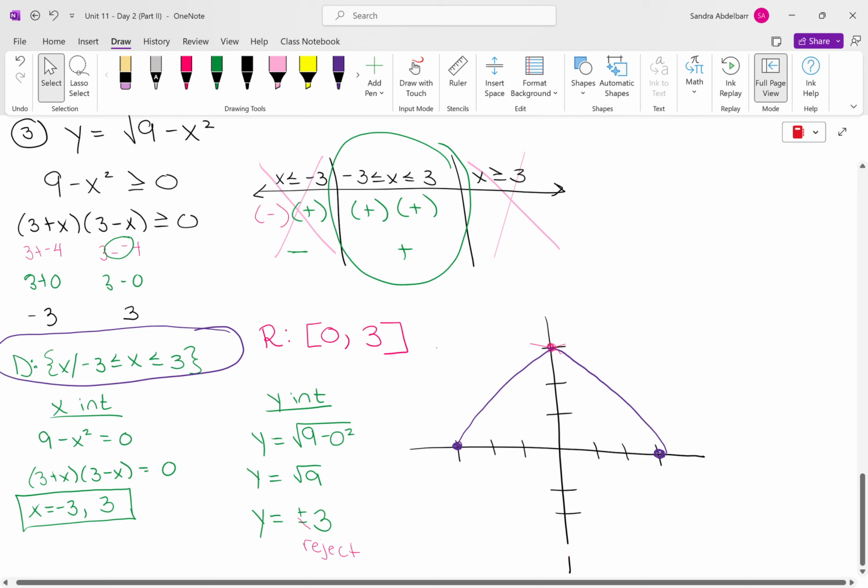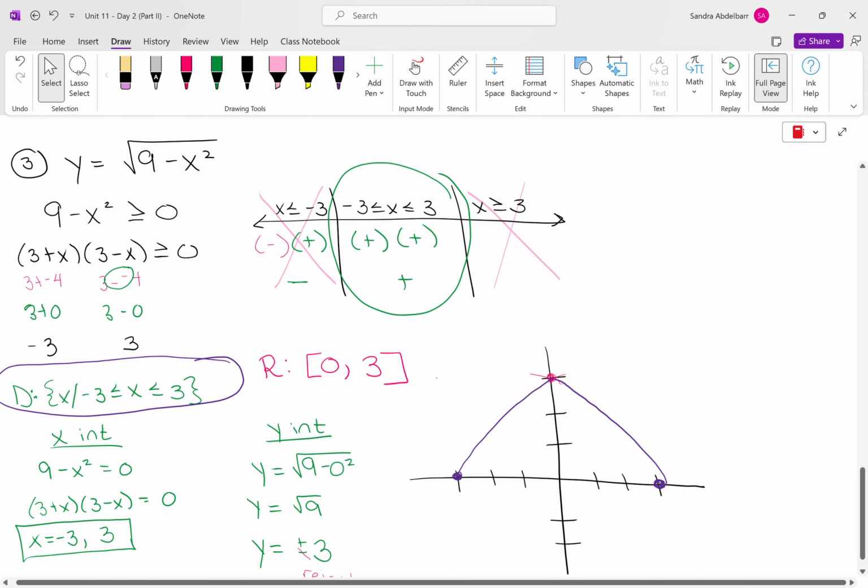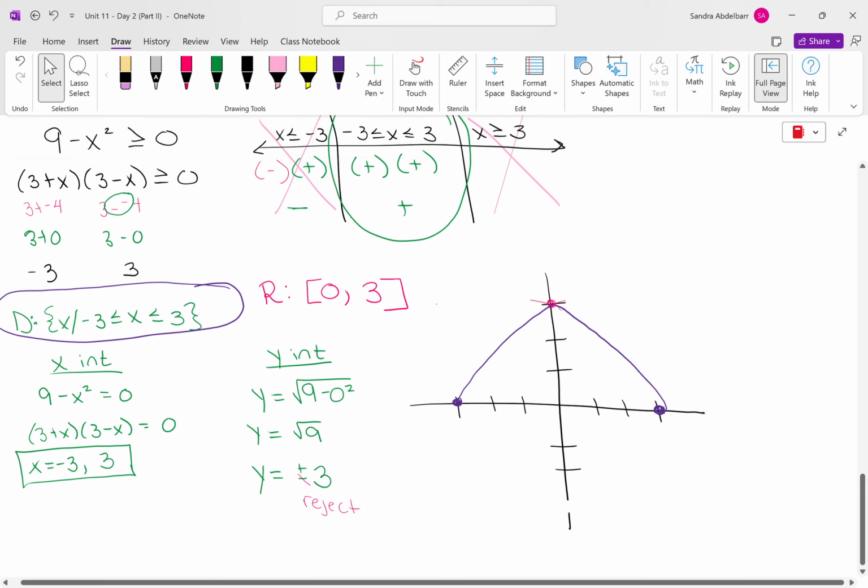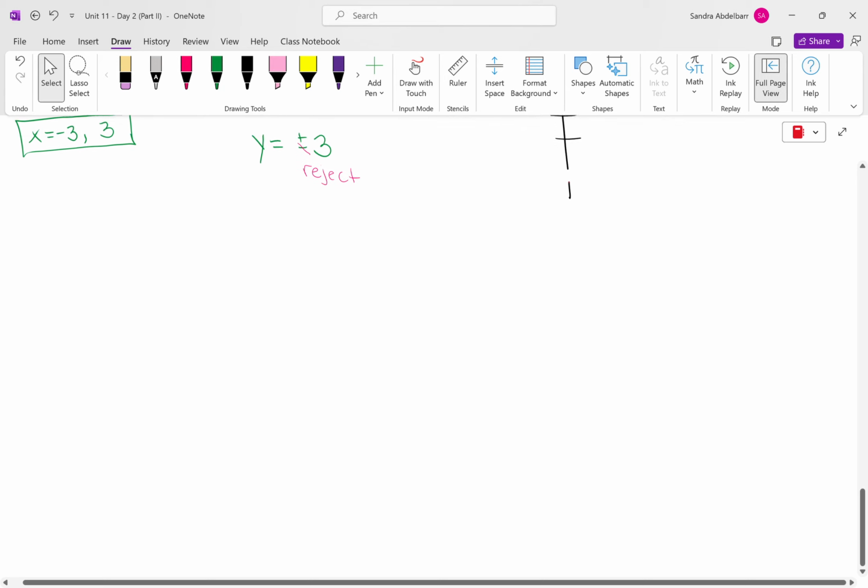Okay, one more type of problem we need to see. Yes, absolutely. Which makes perfect sense because y equals this. So this is like the y is dependent on what this whole thing is.